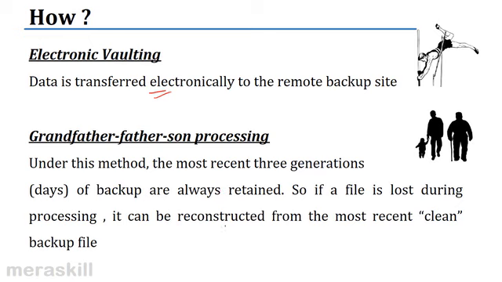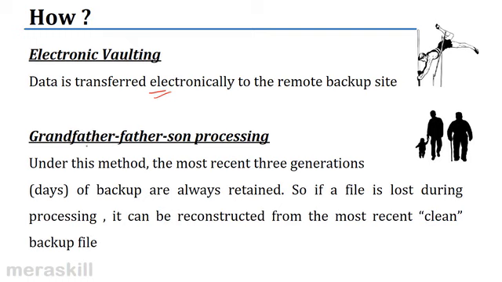So we keep backup 1, then we have backup 2, then we have backup 3. Right? On the 4th day when we take a backup, backup 1 is erased and we take the new backup on tape 4. So tape 4 has replaced tape 1, or the data which was there on tape 1.